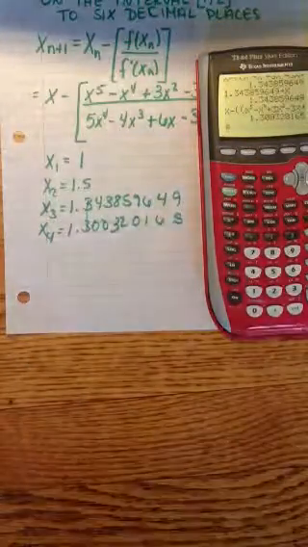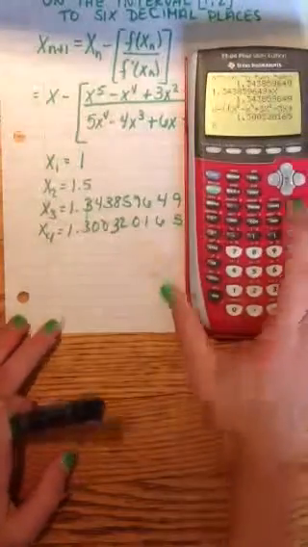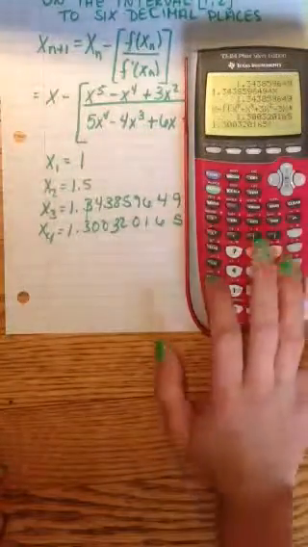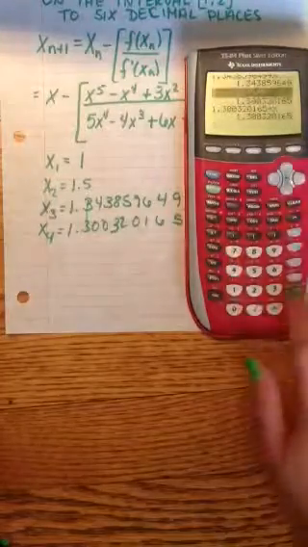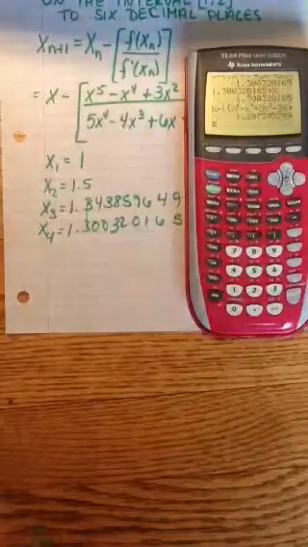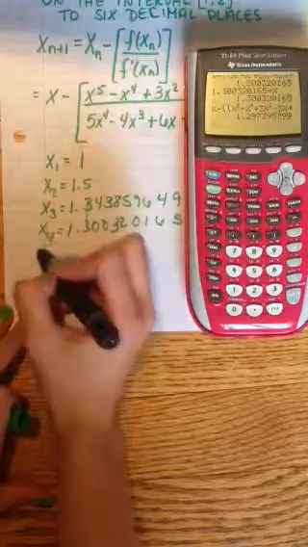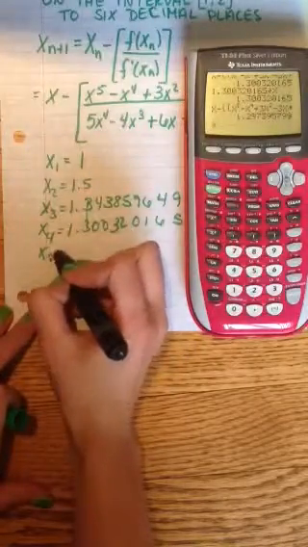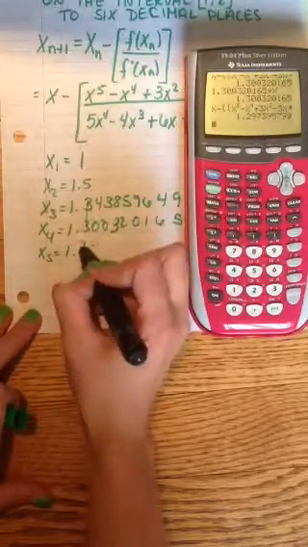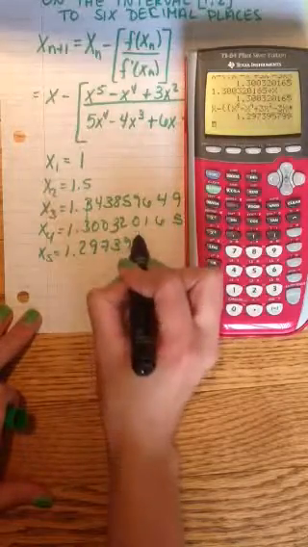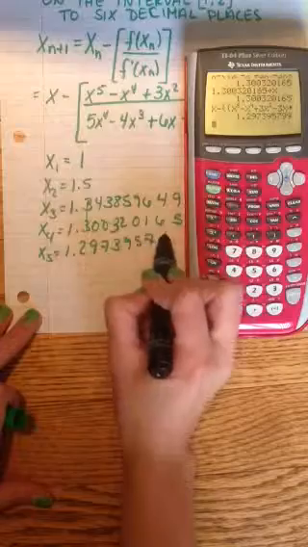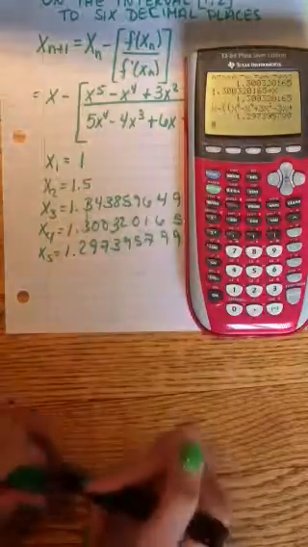We have to get 6. So we store this as x, put it in the equation. Now this changed, so this won't match anymore. So we have x to the fifth, or x5 is 1.2973957999.